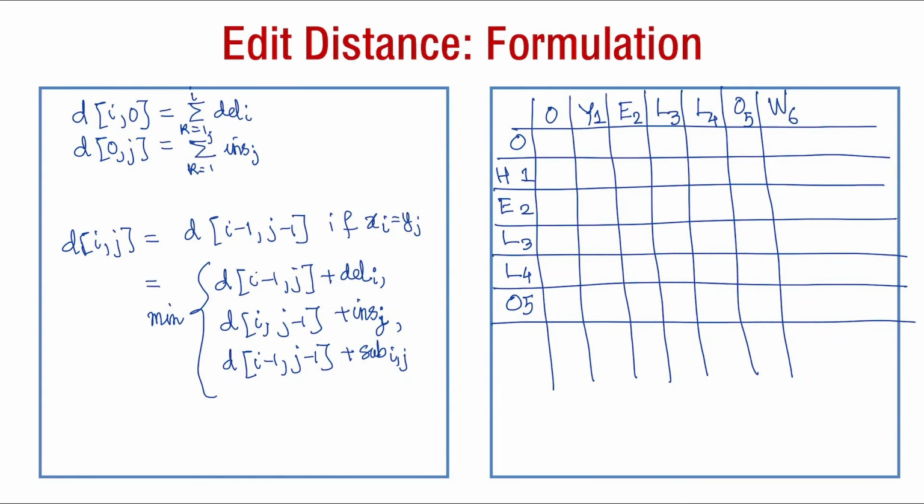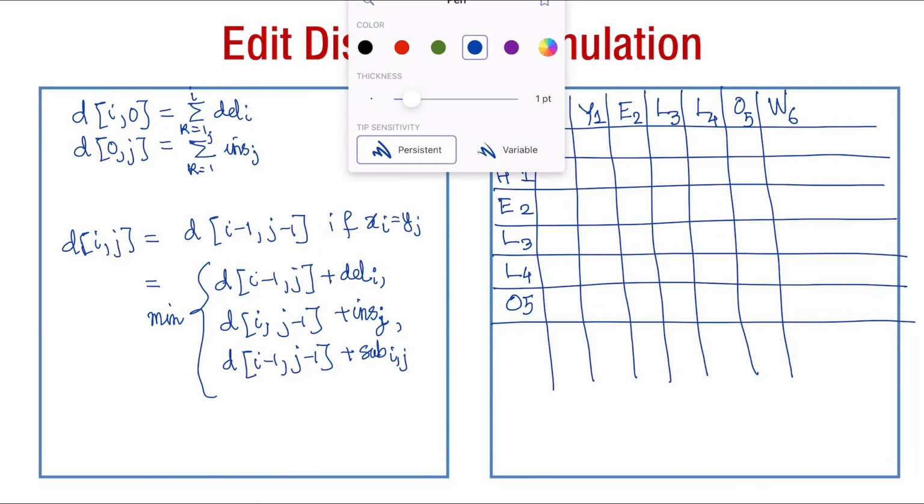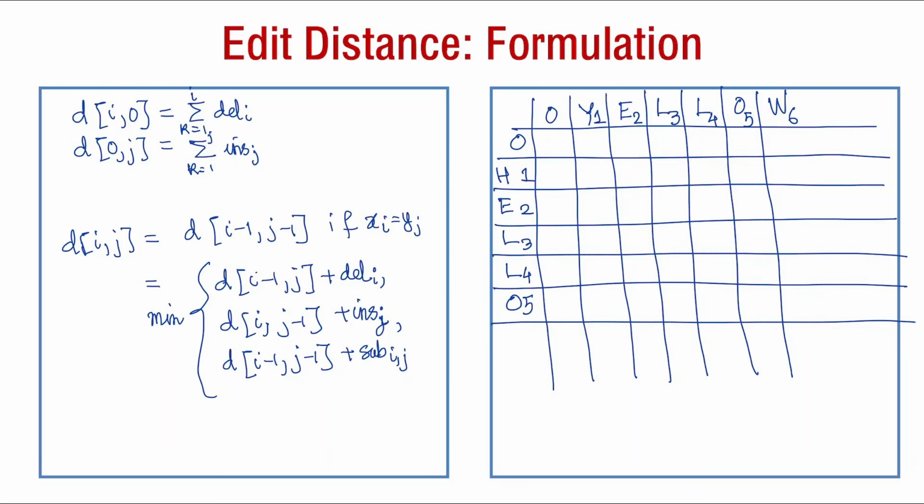We can do row wise, we can do column wise, and the initialization steps, as we have just mentioned, will be 0, 1, 2, 3, 4, 5, 6. Here let us assume the costs are insert equal to 1, delete equal to 1, and substitute equal to 2 for all cases.